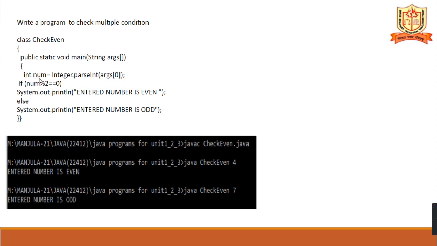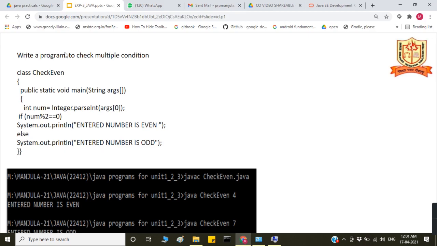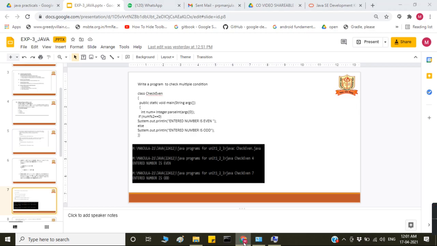Once the integer value is converted and stored in the num variable, we are checking the condition: if num modulus 2 equals 0, that means the remainder is 0, then the entered number is even, else the entered number is odd. What is the file name? CheckEven. We'll see that here.